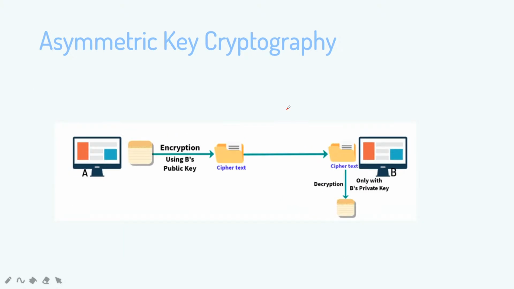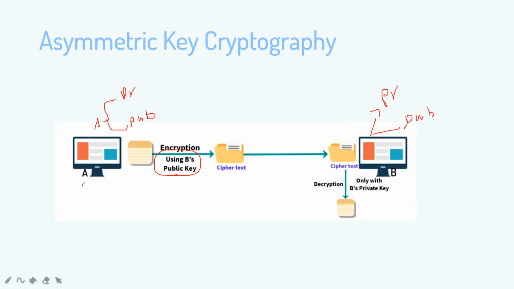Okay, so for asymmetric cryptography, for example, here you can see A has encrypted using B's public key. In asymmetric cryptography, A has both a private key and a public key, and the same thing B also has a private key and a public key.